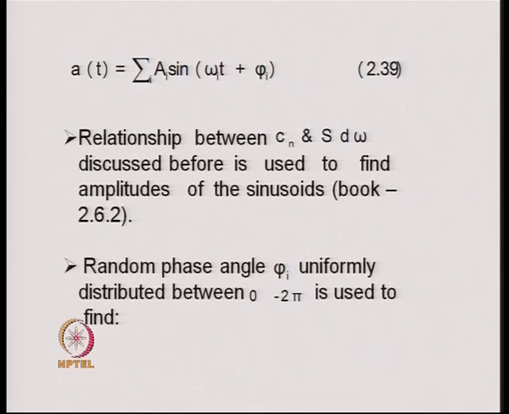The phi i values are random phase angles which are uniformly distributed between 0 to 2 pi, and we now have many standard programs which can generate the random angle uniformly distributed between 0 to 2 pi. So, utilizing that one can generate a time history of ground acceleration or ground motion for a given power spectral density function.